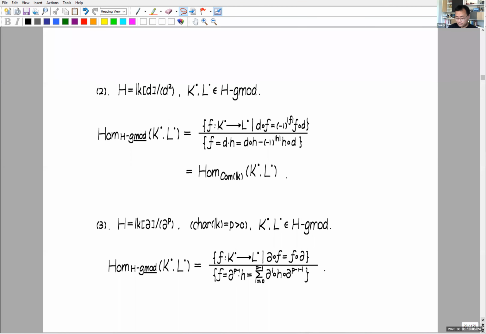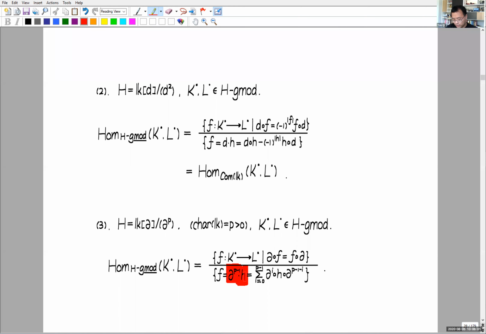The same analysis applies as in the second example. Again, since this Hopf algebra is generated by a single operator d, all those maps that are H-invariant are precisely those maps that commute with the differential operator. And all those maps in the denominator are those obtained by applying the integral operator d^(p-1) to some linear map h, so d^(p-1) · h.